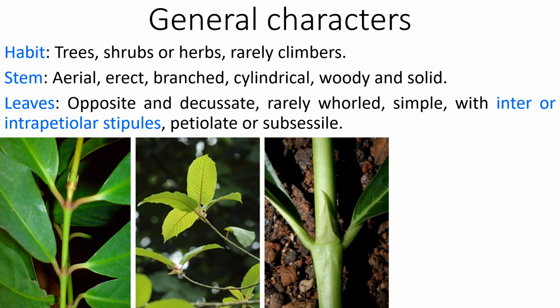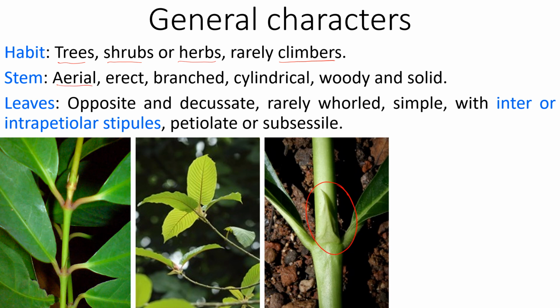Habit of the representatives of Rubiaceae: some of the members are trees, some are shrubs, even a few herbs are there, and they are rarely climbers. Here you can see the opposite leaves, and this is a very prominent characteristic, the presence of interpetiolar stipule.